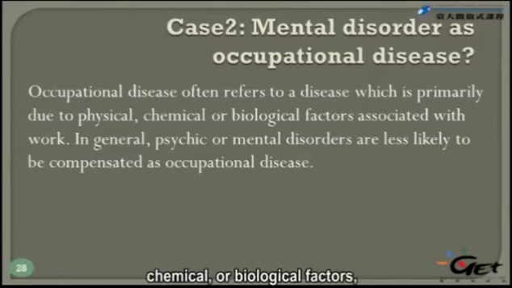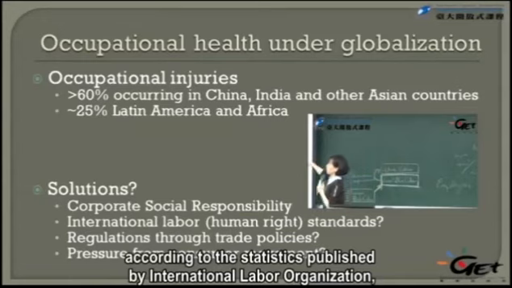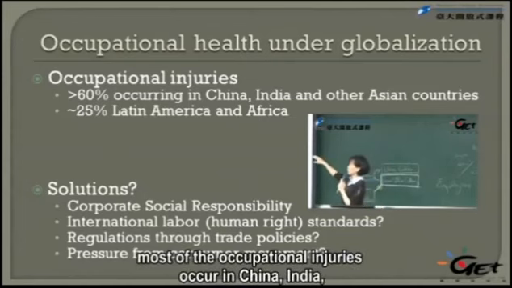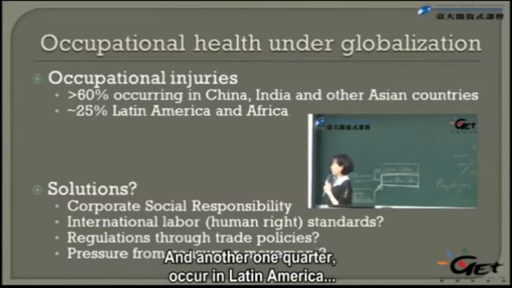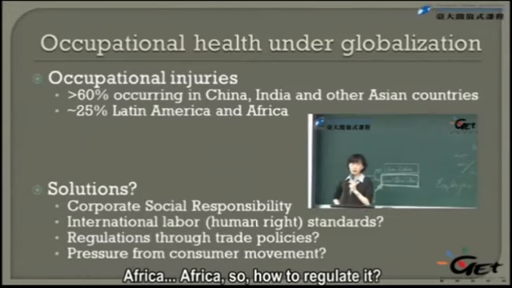But because of the trend of globalization, many enterprises move to other regions which have low labor costs and less regulation in terms of environmental protection or worker protection. According to statistics published by the International Labour Organization, most of the occupational injuries occurred in China, India, and other Asian countries, and another quarter occurred in Latin America and Africa.